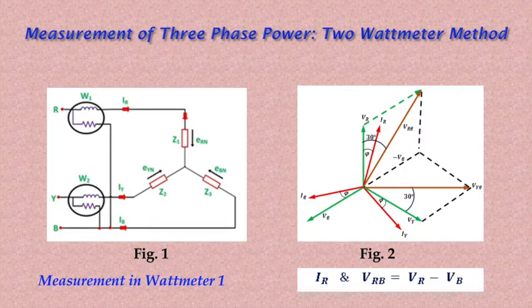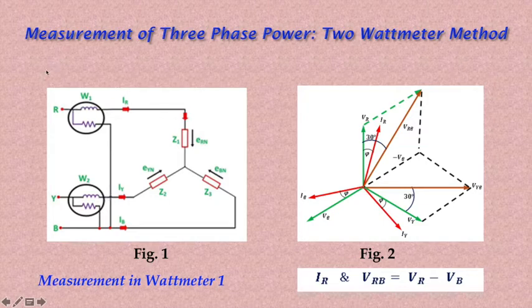We are discussing the three-phase balanced system. Whether the system is balanced or unbalanced can be verified by using 2 wattmeters. Figure 1 shows the connection of wattmeters with the three-phase star connection. Here 2 wattmeters are used, W1 and W2.